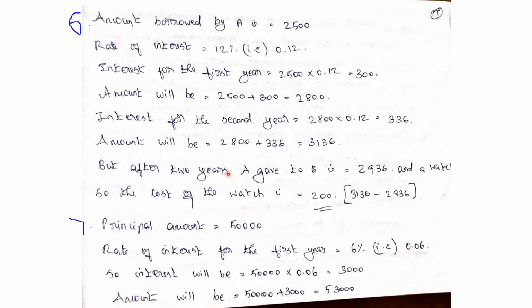Okay. But after 2 years, how much A gave to B is 2936. It is given. The amount given is 2936 and a watch.